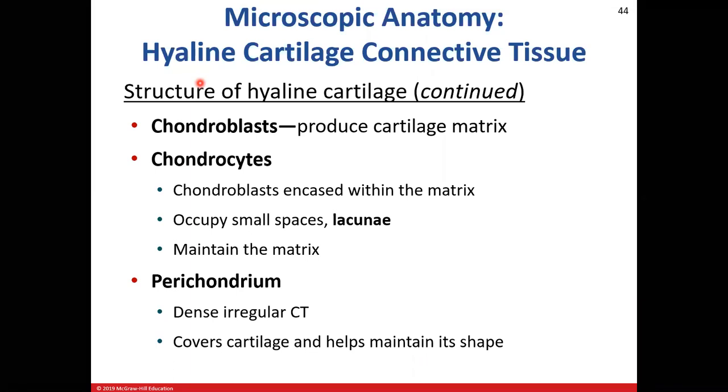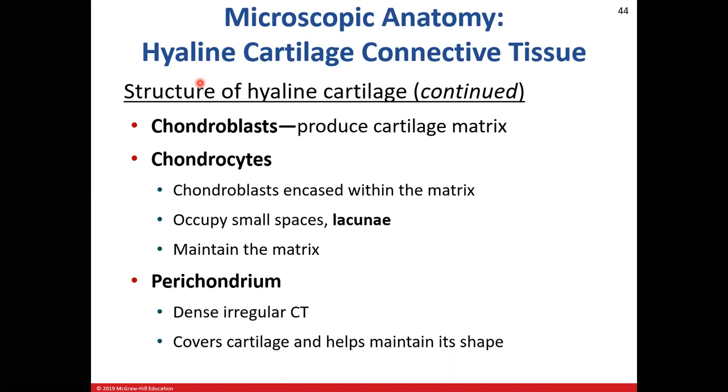And so what a chondroblast does is it produces our cartilage matrix. Our chondrocytes then are essentially chondroblasts that become encased within the matrix. And so we basically look at our chondrocytes as mature chondroblasts in a sense.